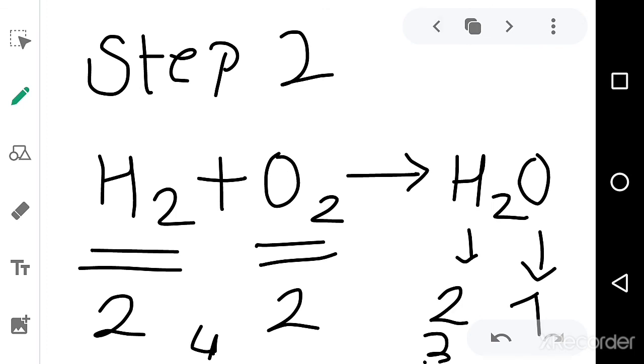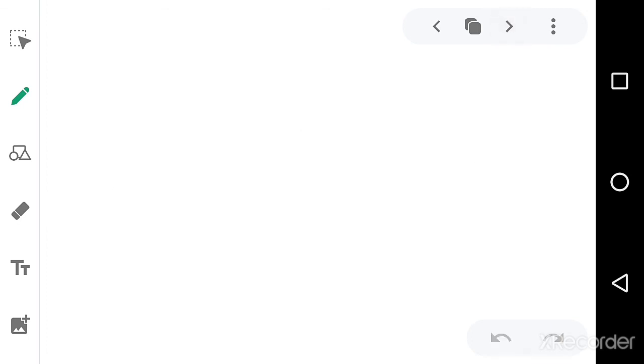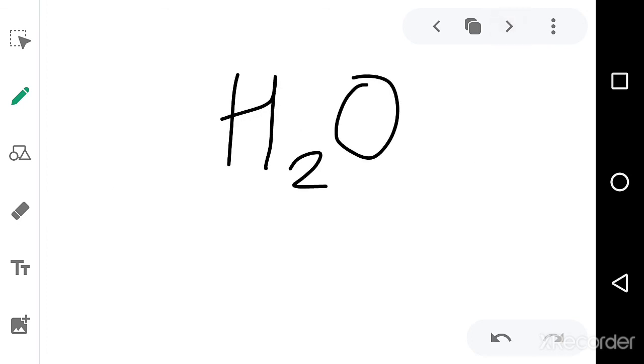So what do we have to do? We have to change something here. But while making any change, we will not change the original formula of any compound. It means the original formula of water is H2O, so we cannot write any number 2 or 3 here.